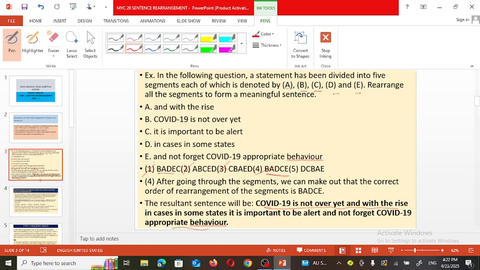In this way, we can solve this question. Here these four parts we have to rearrange to get the meaningful sentence, and such a question can be only for 1 mark. Okay.